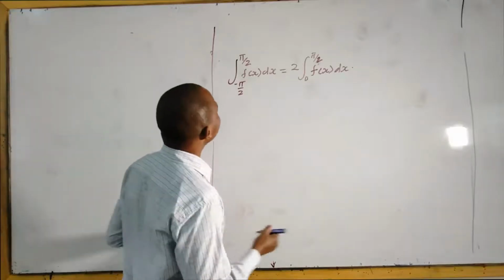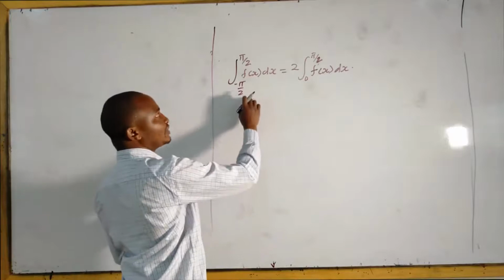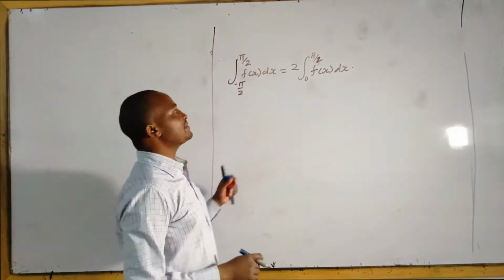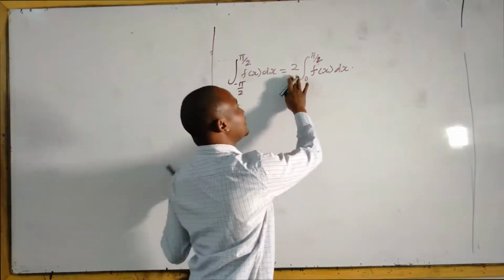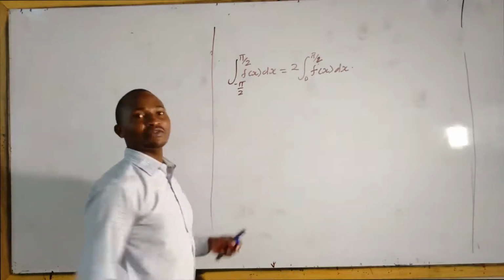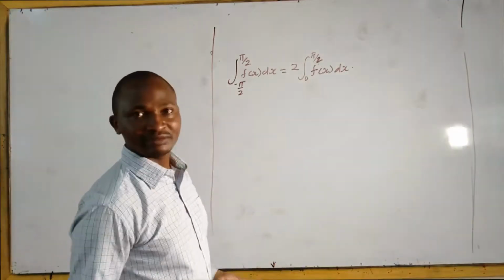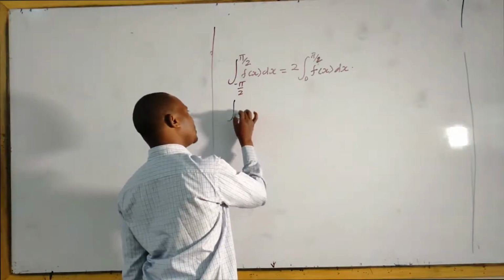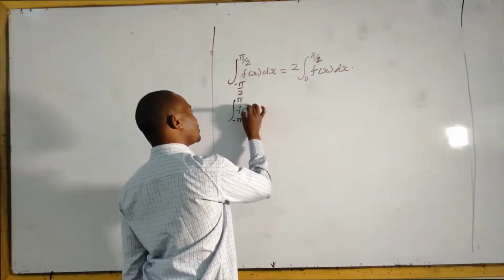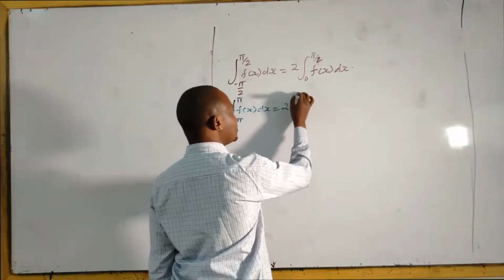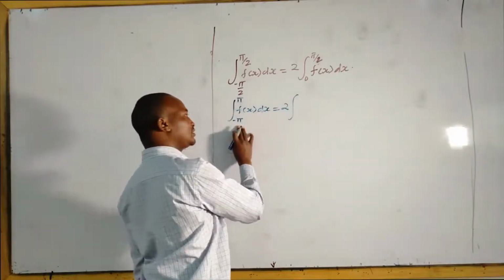We have seen that the integral from negative pi over 2 to pi over 2 of the function of x with respect to x is the same as taking half the limit and integrating from 0 to pi over 2. The same will apply for any other limit. For example, to integrate from negative pi to pi, the function of x with respect to x will be equal to 2 times the integral over half of the limit.